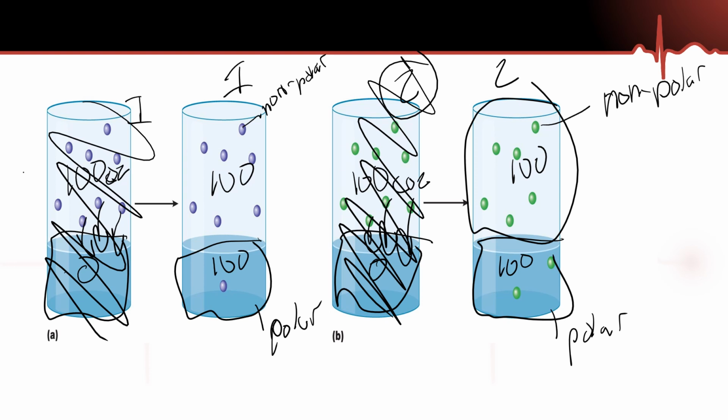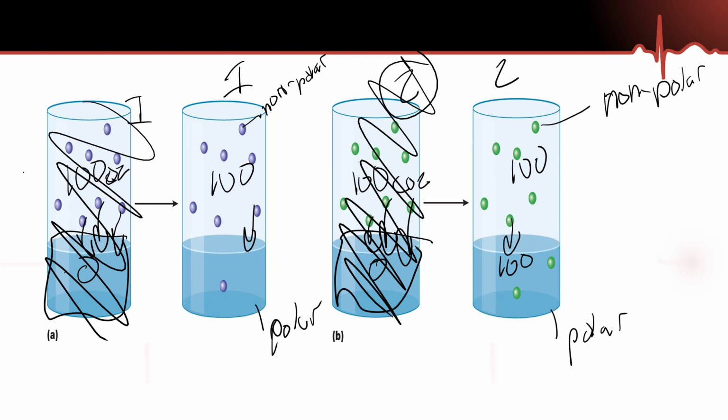So in both cases, you don't actually need very many gas molecules, be it oxygen or carbon dioxide, to go into the fluid to drive the partial pressure of the fluid up to 100. Right? Because both oxygen and carbon dioxide will bounce around like crazy in the fluid and very easily drive the partial pressure of the fluid, be it the partial pressure of oxygen within the fluid or be it the partial pressure of carbon dioxide within the fluid, up to 100 very, very quickly.